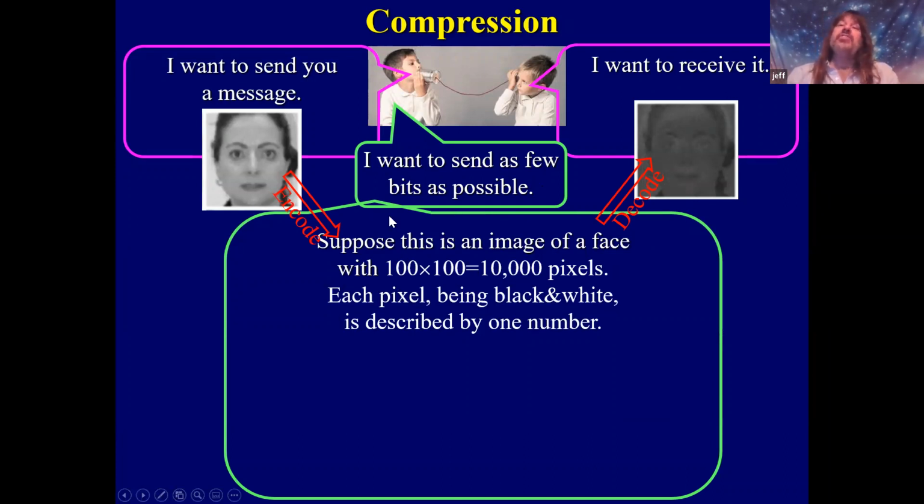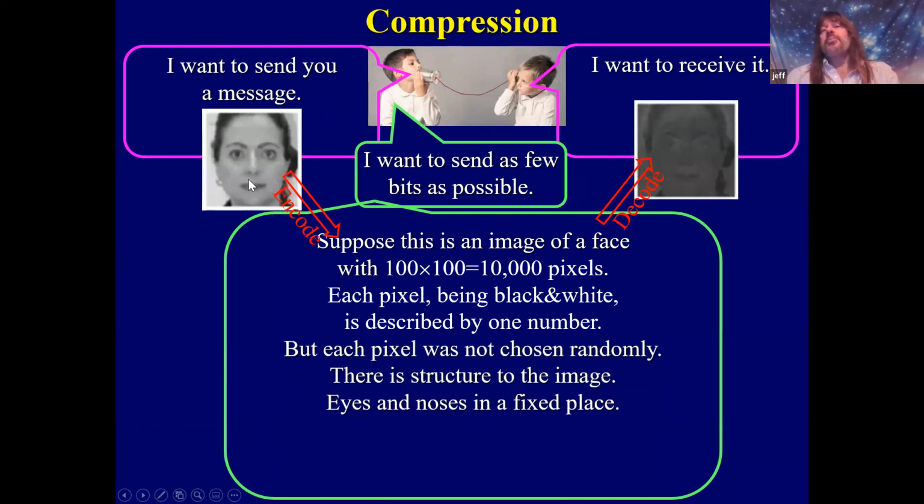So this image is 100 by 100, so it's 10,000 pixels. Even a little image like this has 10,000 pixels, and each one has its own number. But the pixels aren't just 10,000 independent numbers. There's a connection between them.